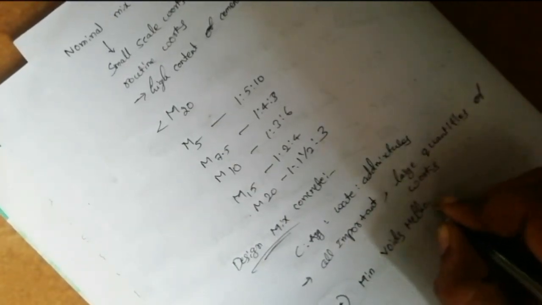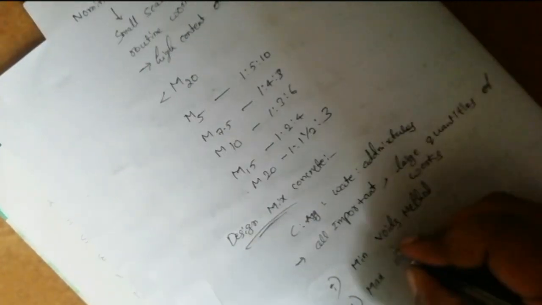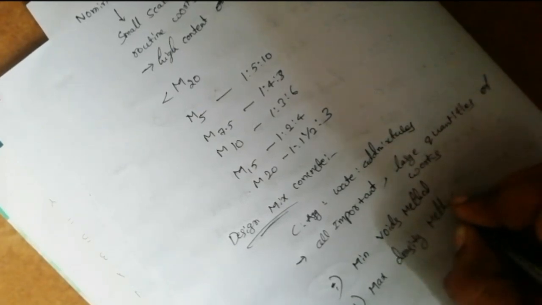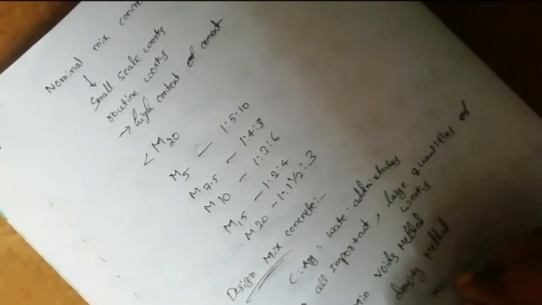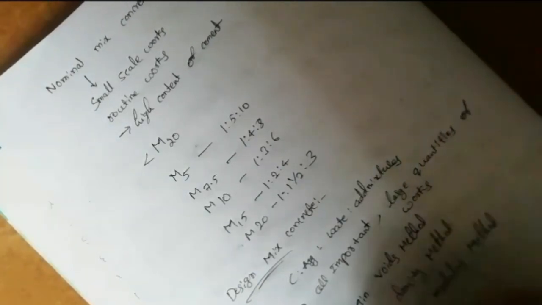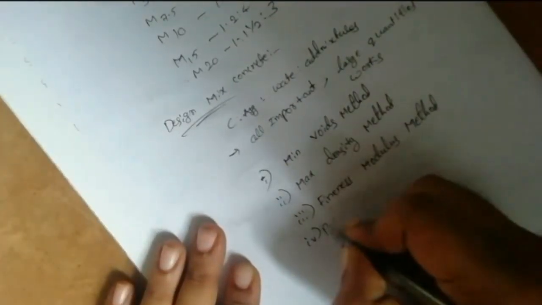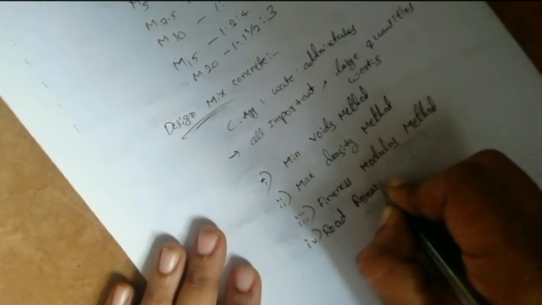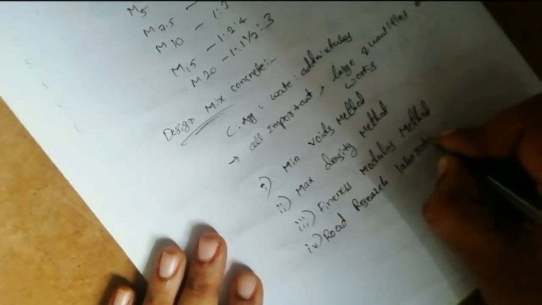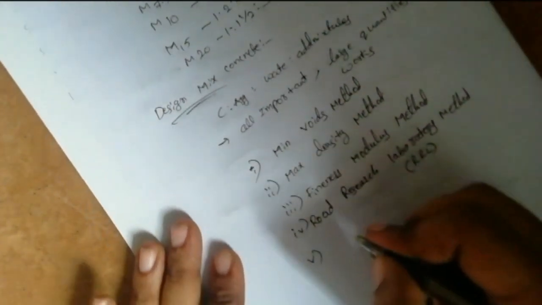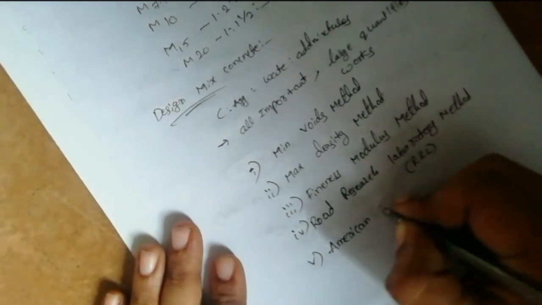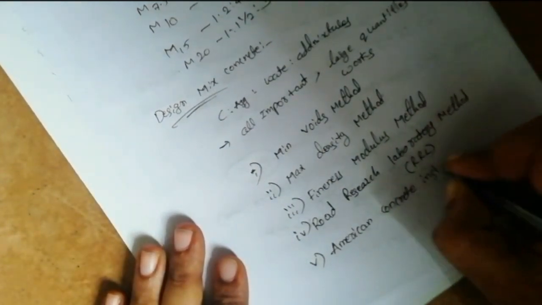Some are the minimum void method, maximum density method, fineness modulus method, Road Research Laboratory method, RRL method, American Concrete Institute method, ACI method.